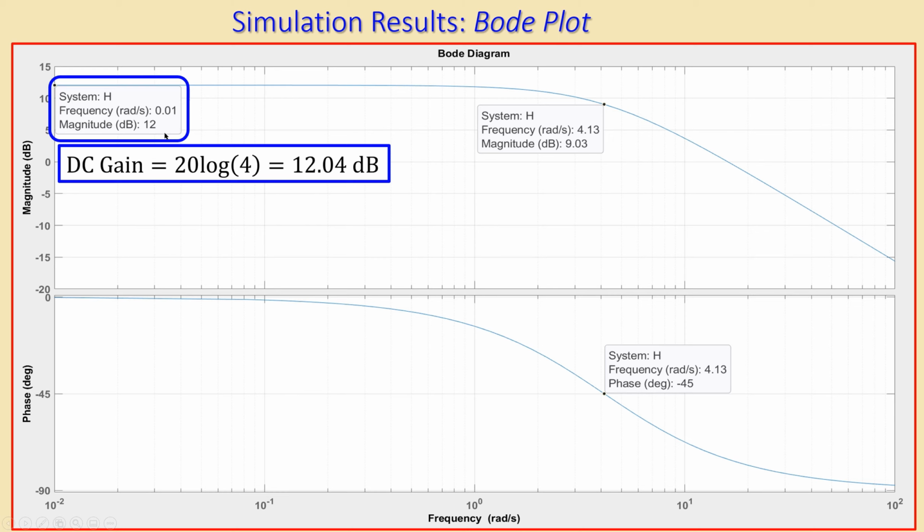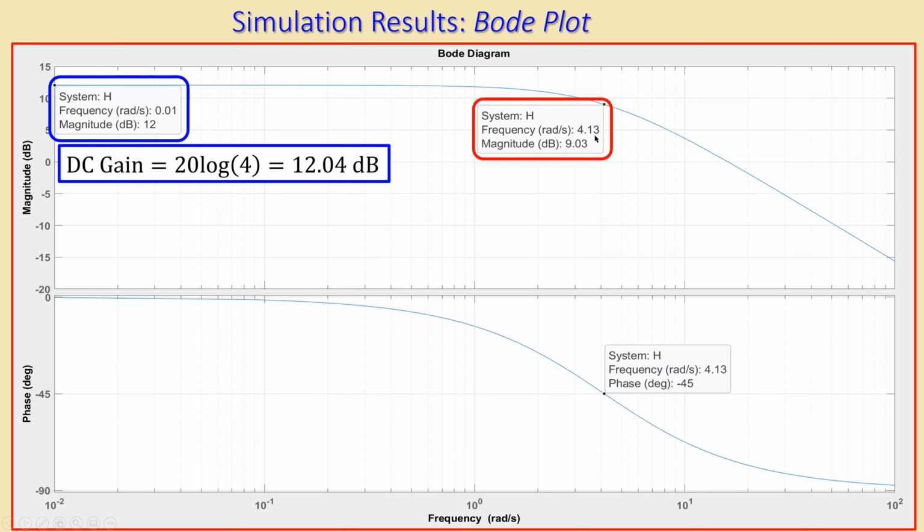And in order to calculate the cutoff frequency, I have to go approximately 3 dB down. It's a little bit closer to 3.01 dB. If I go down from this value in a slightly more accurate way, 12.04, and go down 3.01 dB, so 12.04 minus 3.01, I have 9.03 dB, and I look at my frequency, and I can see it is 4.13 radians per second.